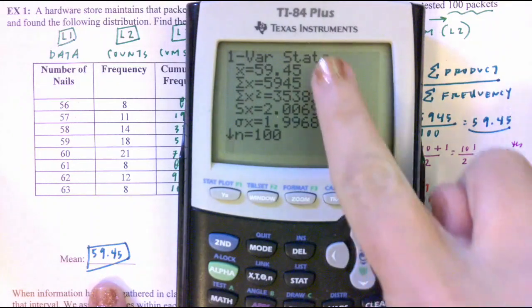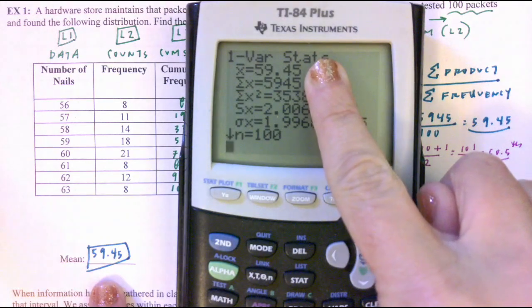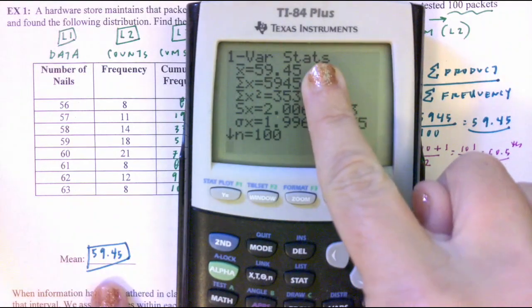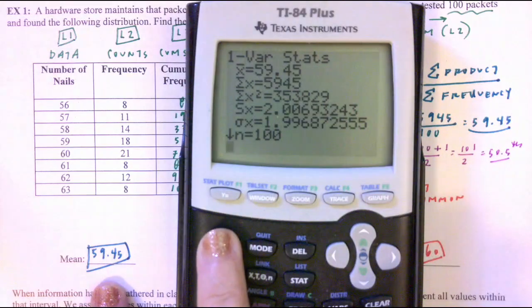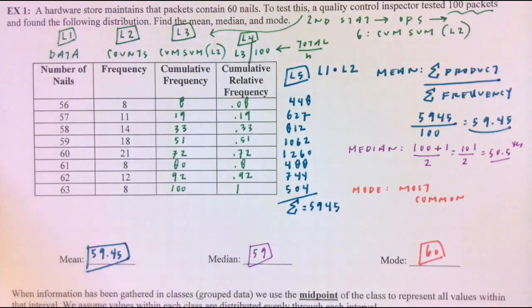And here it's confirming right there that it's 59.45 as the mean. Now on the fancier calculators, it will guide you through that. It will say list, you say L1, frequency is L2. And I'm really just doing that to double check it.